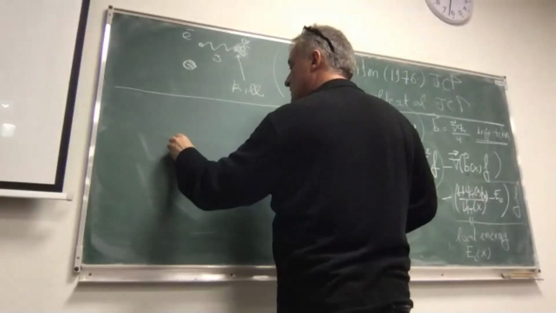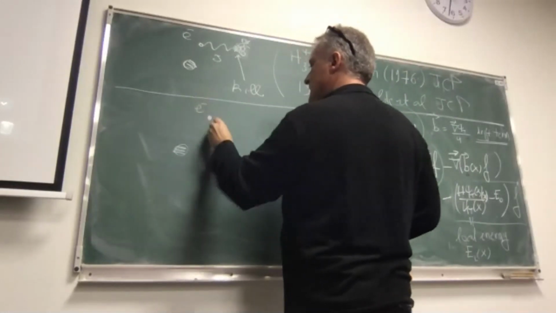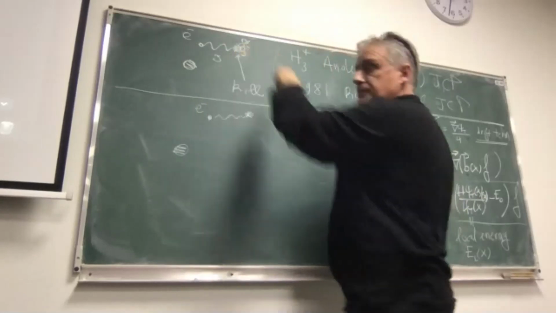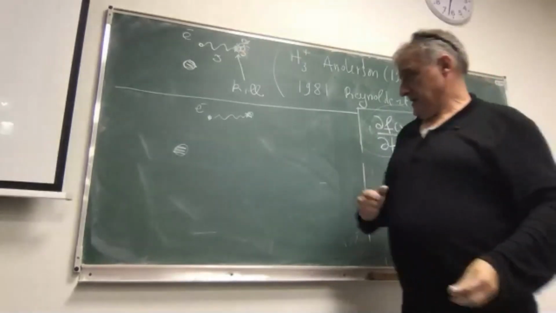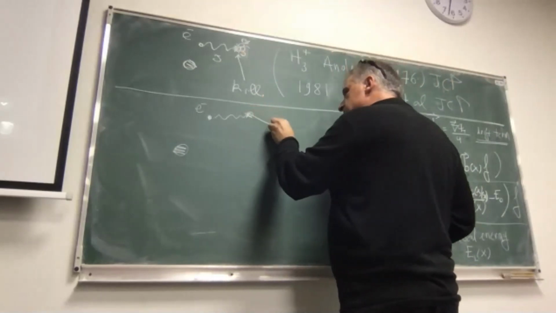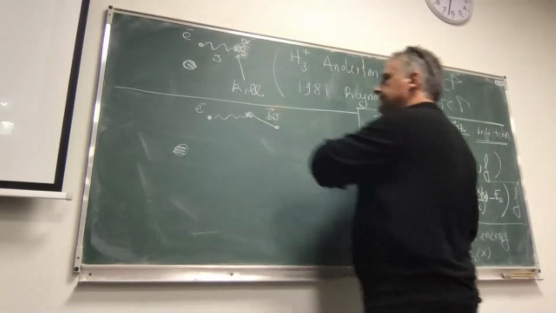So now, my hydrogen atom, I have one electron. I do exactly the same thing as before. I diffuse with a Gaussian, which is trivial on a computer. And now I drift it with B times tau.